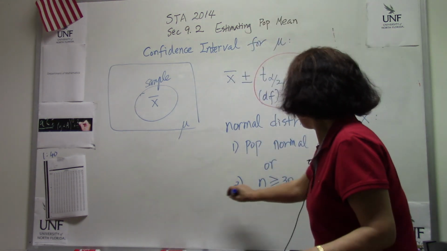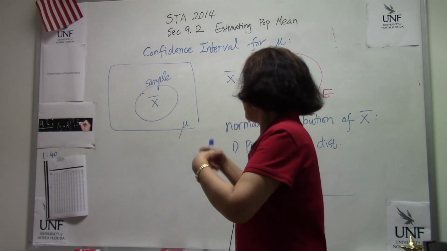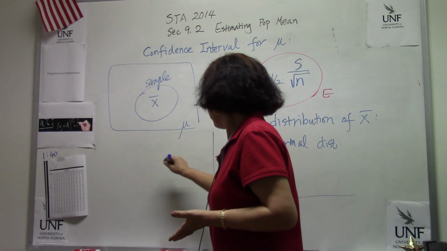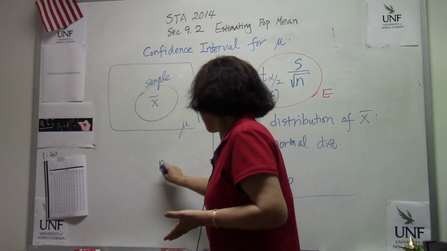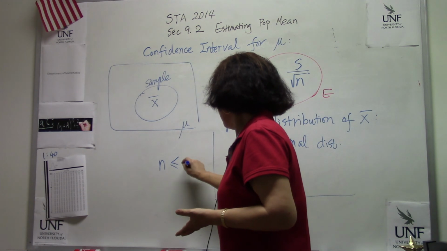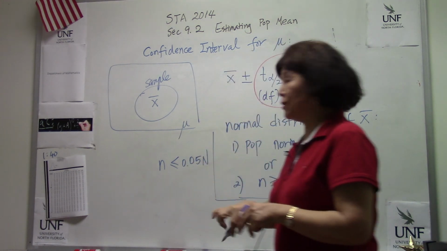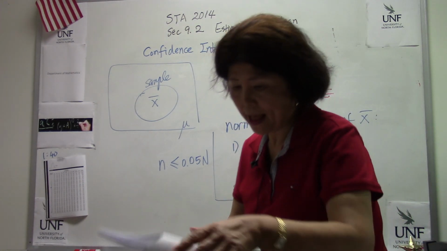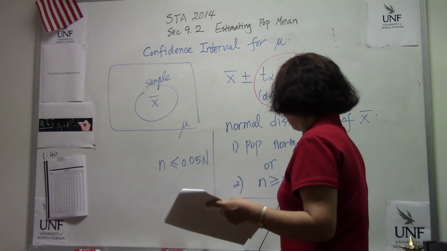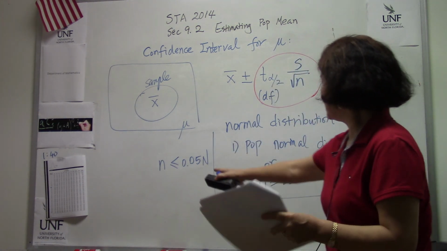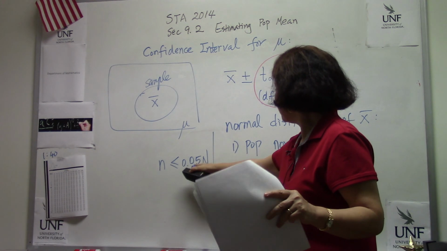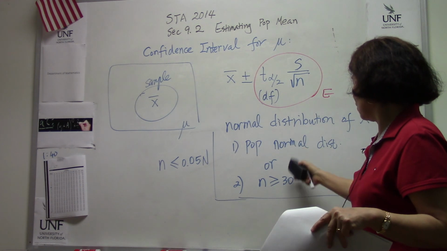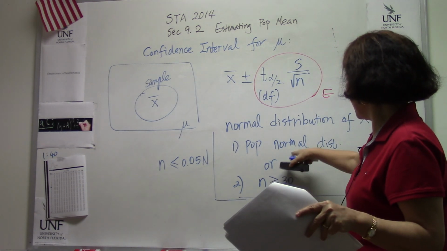As before, in order to have independence of the samples, we need little n to be less than or equal to 5% of the population size. We are going to still check that part. So let's go to example 9.22. We did this one for the population proportion also, but for this normal distribution, we are going to think about these two conditions.